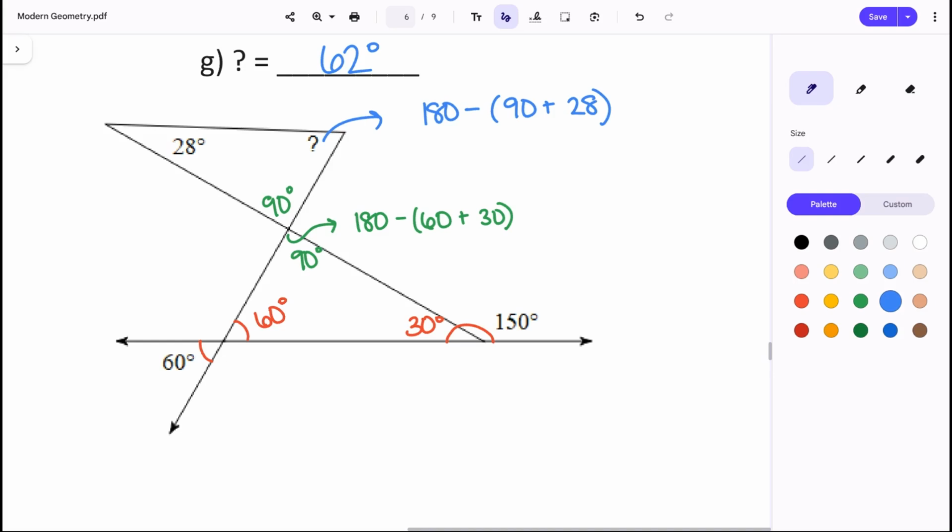Unless they notate that, like if they put arrows on these lines telling you that they were parallel, we can't make assumptions that they are. But I totally understand why we think that. I get where kids get that from because you've seen pictures that look like that, and I would argue, yeah, those lines do look like they're parallel, but they're just off by a hair. And so we get 62 instead of 60. So it's always good to go back through and check like we did there.